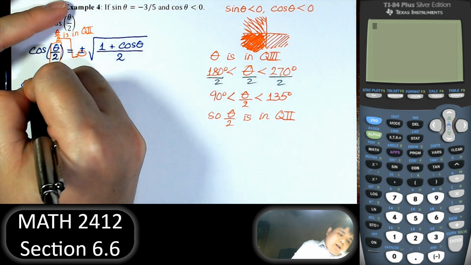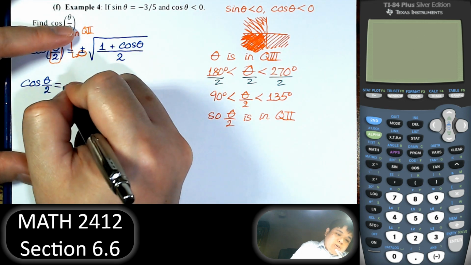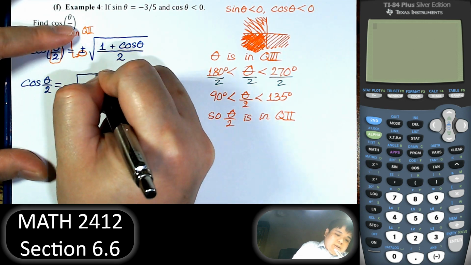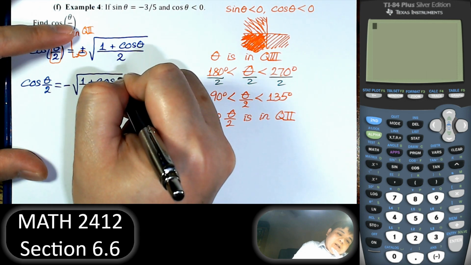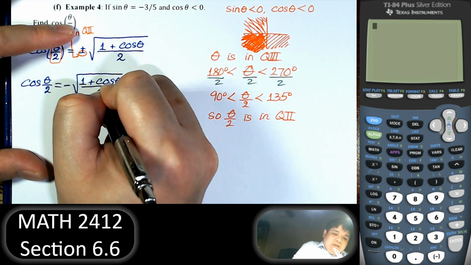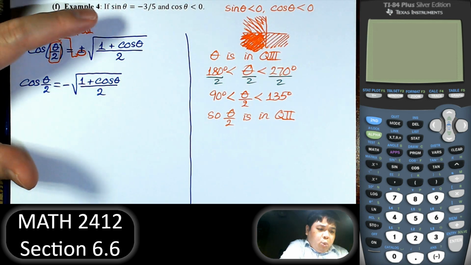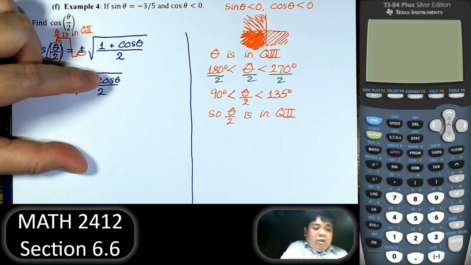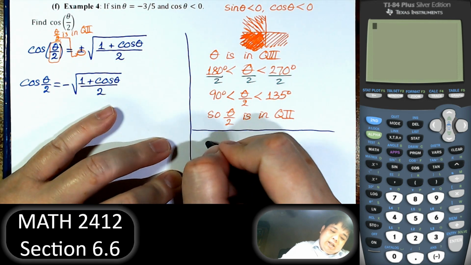So we will have cosine of theta over 2 is equal to negative square root of 1 plus cosine of theta, divided by 2. Now there's a problem. The problem only gives us sine. We don't have cosine, which means we have to solve for it.